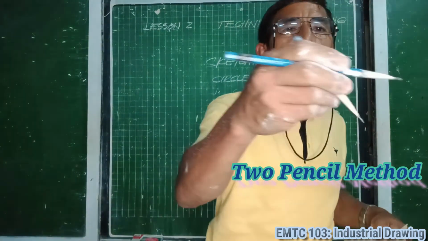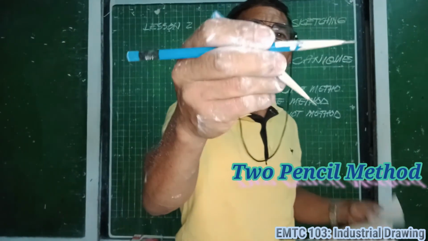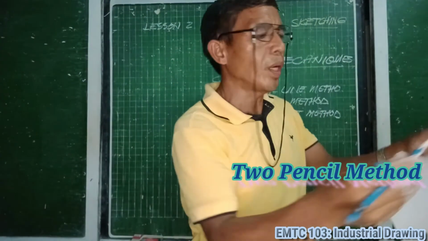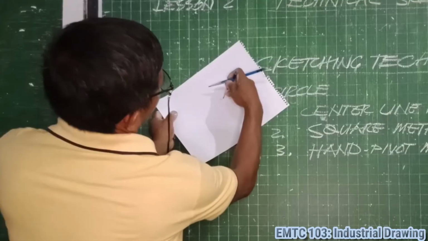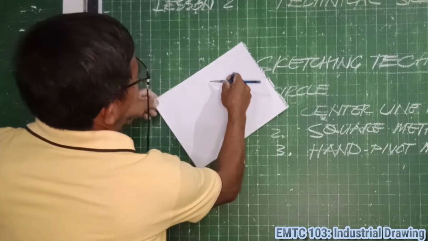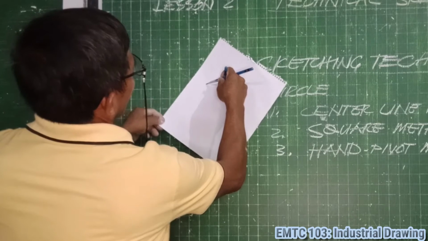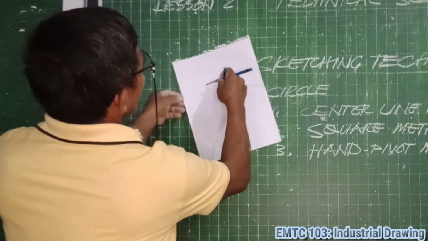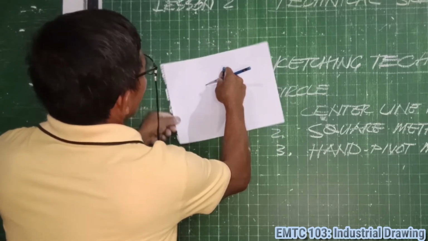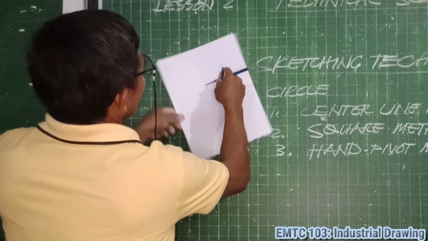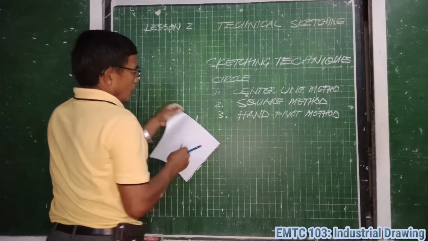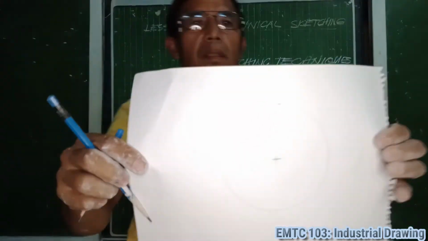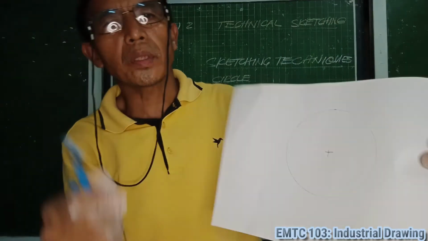It is like this. You are going to hold it like this. One pencil will be pointing at the center. There. Then estimate the radius, then slowly rotate the piece of paper until the circle is completed. Slowly. Now, this is another circle using the 2 pencils.